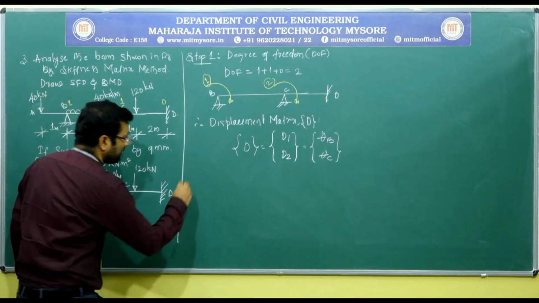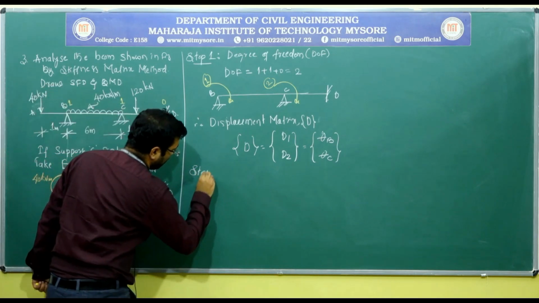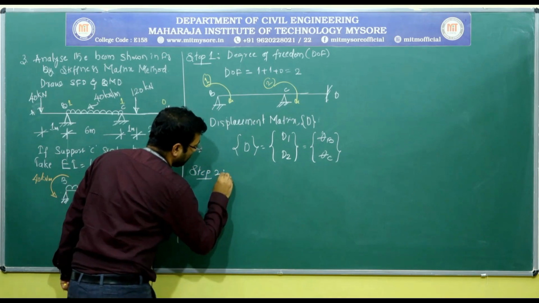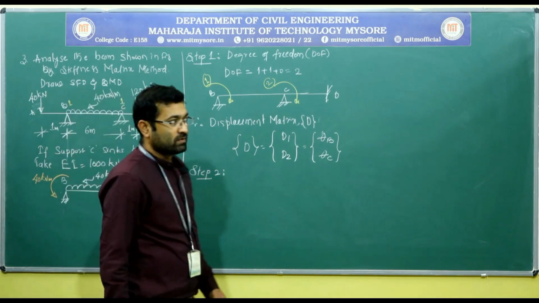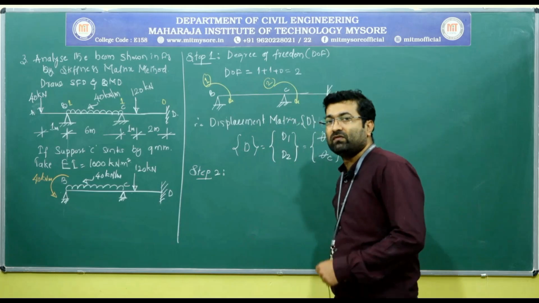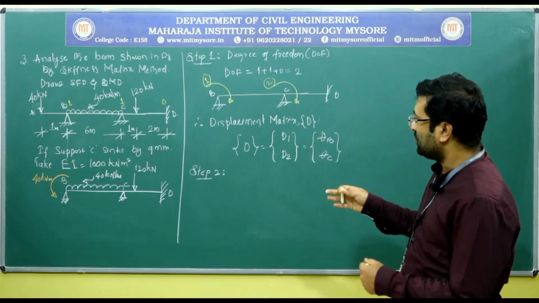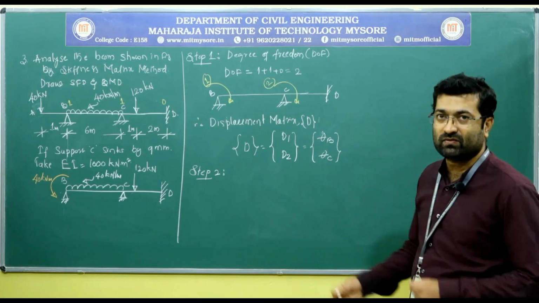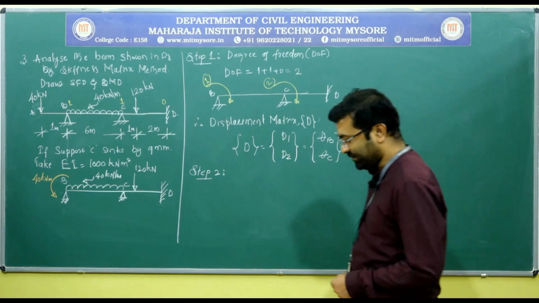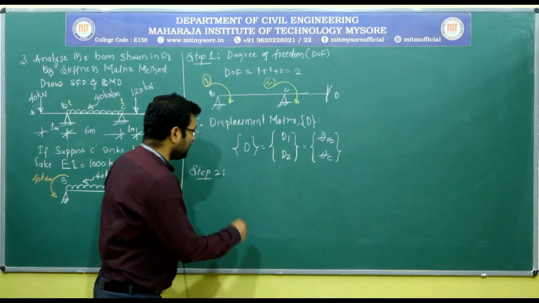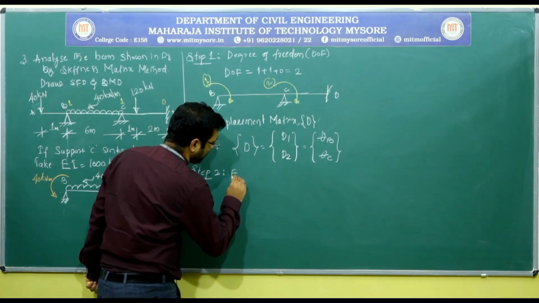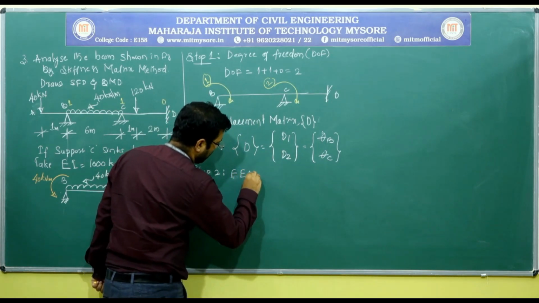The next step is we need to calculate the fixed end moments. The reason why we need to calculate the fixed end moments is we want to have one more matrix, that is the force matrix. To calculate the force matrix we should know the fixed end moments. So let us work out the fixed end moments, that is FEMs.